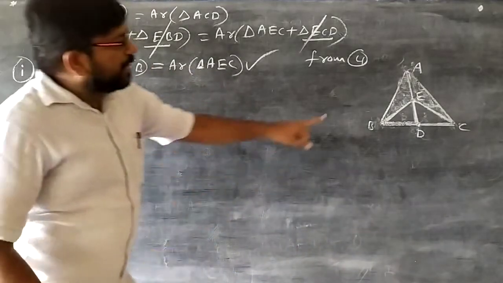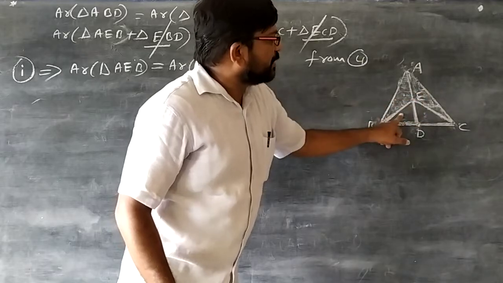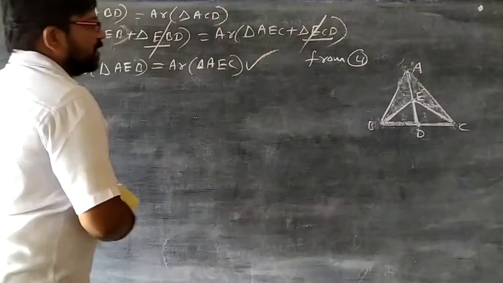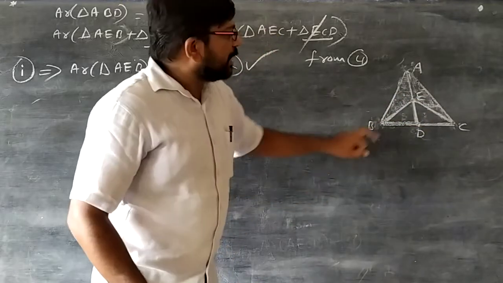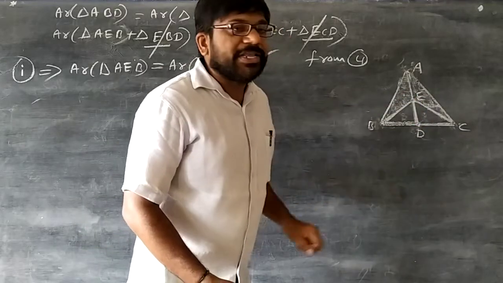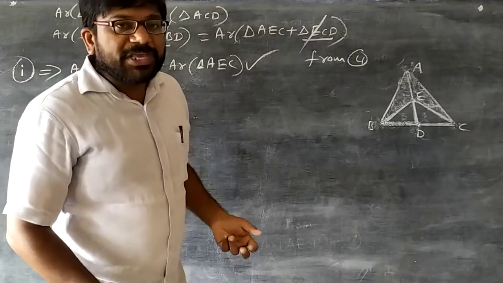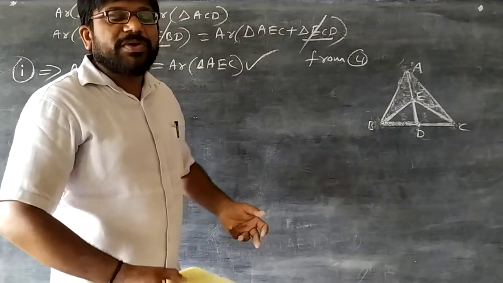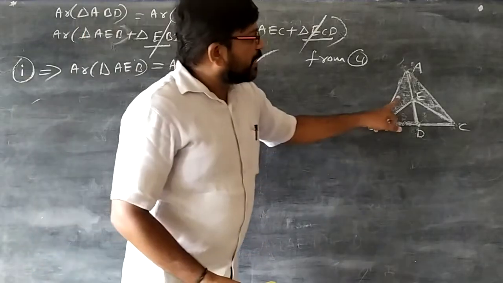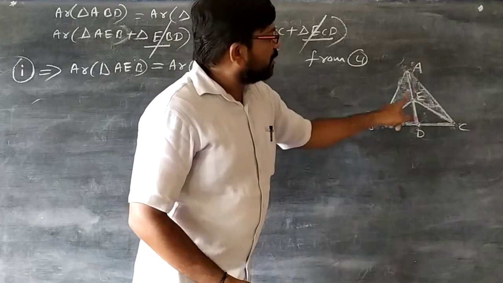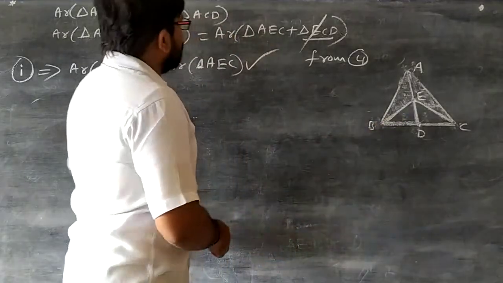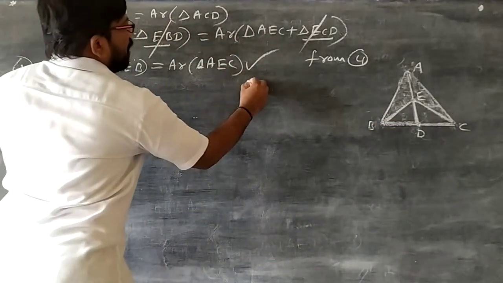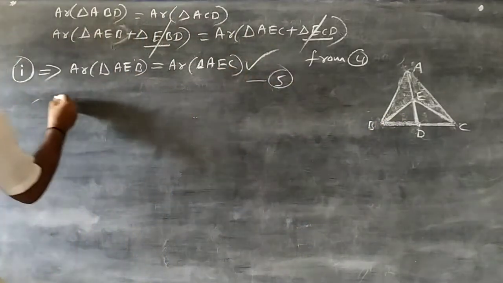The second one means these two are equal. Similarly, these two are also equal, and these two are also equal. So in this way, the four triangles are equal in area. From equation 2, equation 3, equation 4, we get all are equal. These two are equal and these two are also equal, already proved. Call it equation 5.